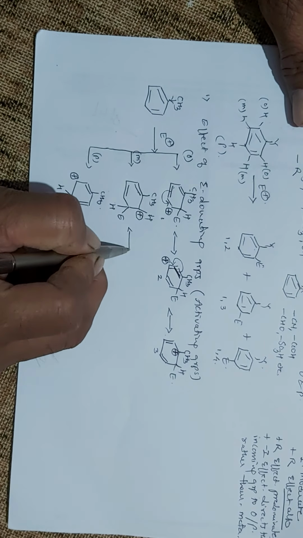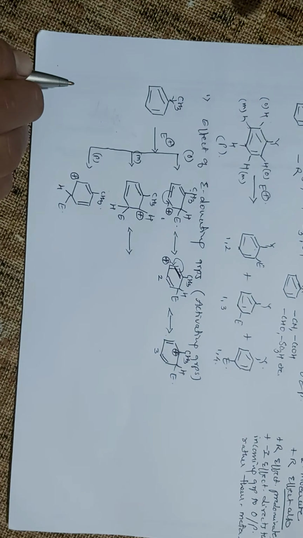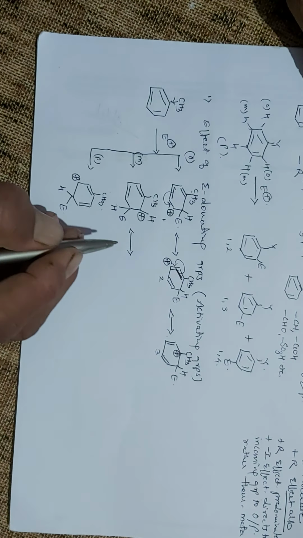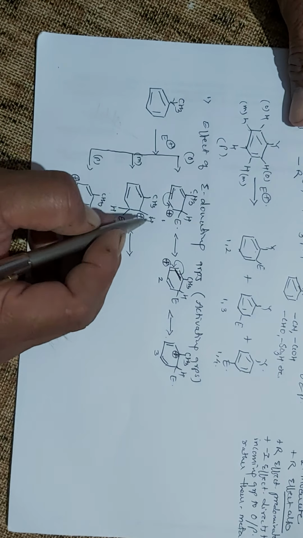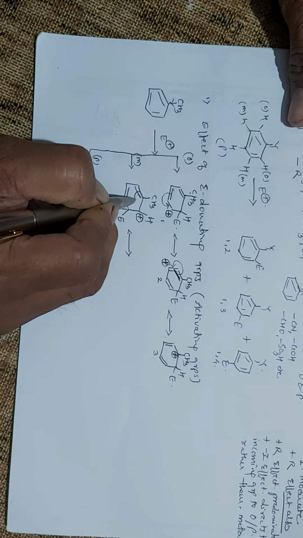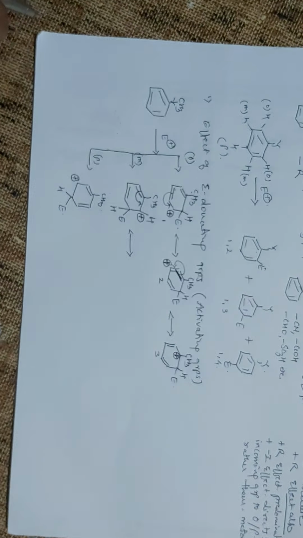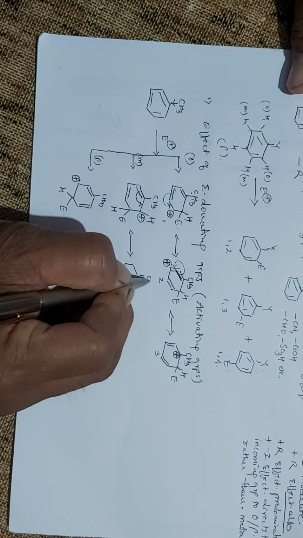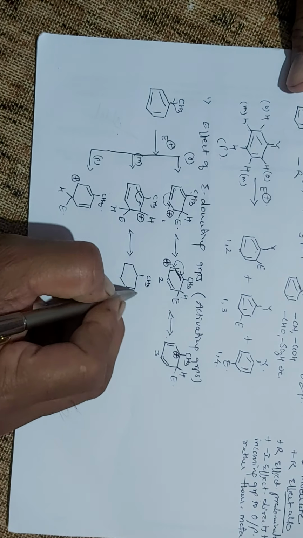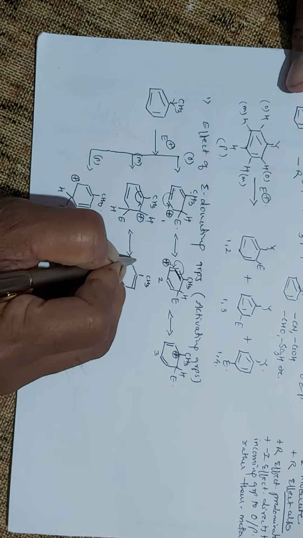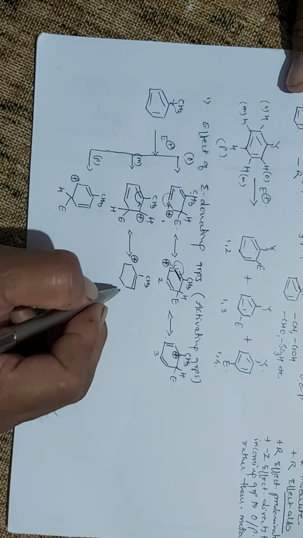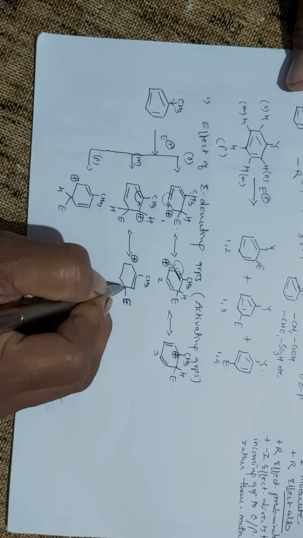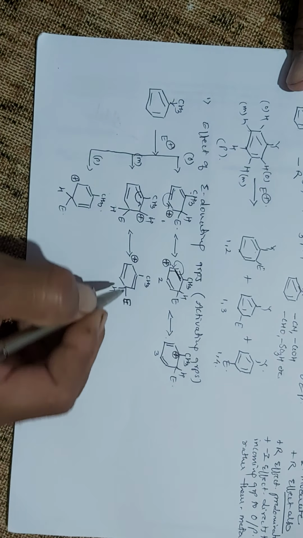Now here we will see the resonance stabilization of the meta substituted carbocation, where this pi electron will shift towards this carbocation and you will get another situation where this double bond shifts here, the positive charge comes here, there is E, and here it's H, here there is the double bond.